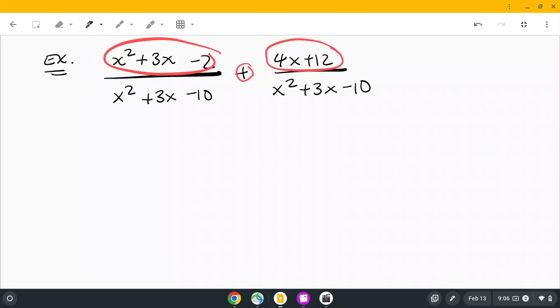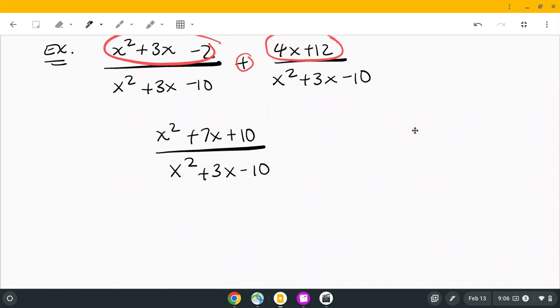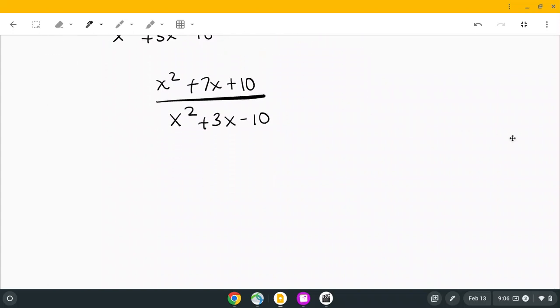There's only x squared. 3x plus 4x is 7x. And then negative 2 plus 12 is, no, positive 10. Okay. And then down below, we have the same denominator because we have like denominators. The denominators are exactly the same. Okay. But again, don't stop here. Simplify.